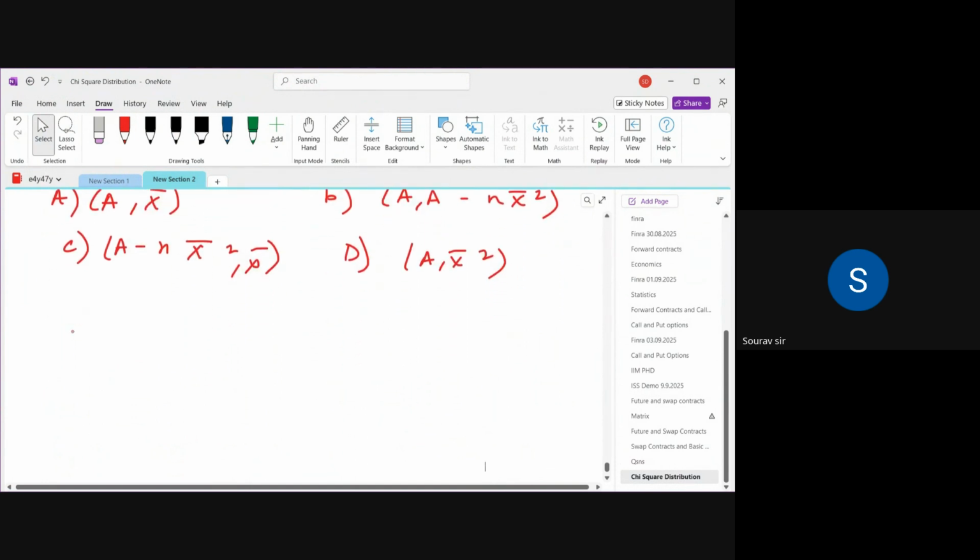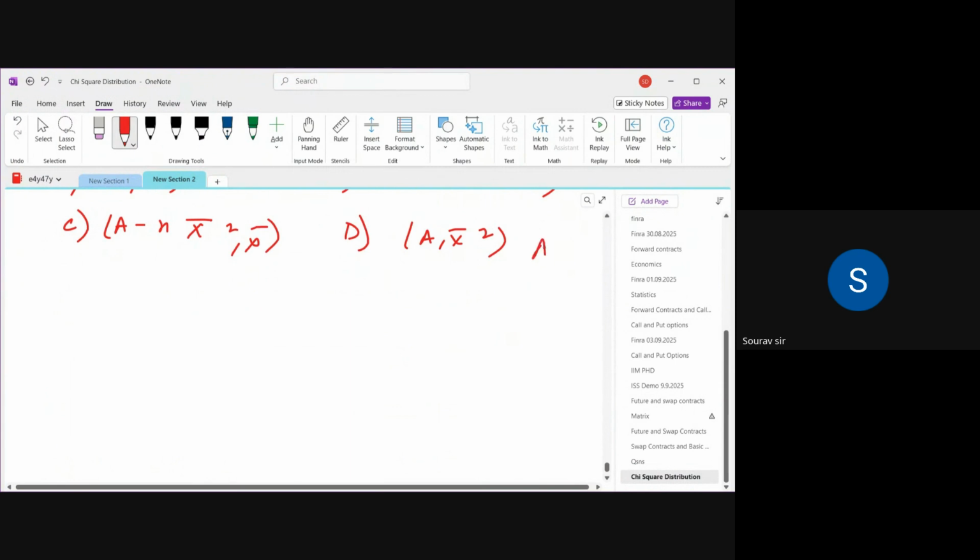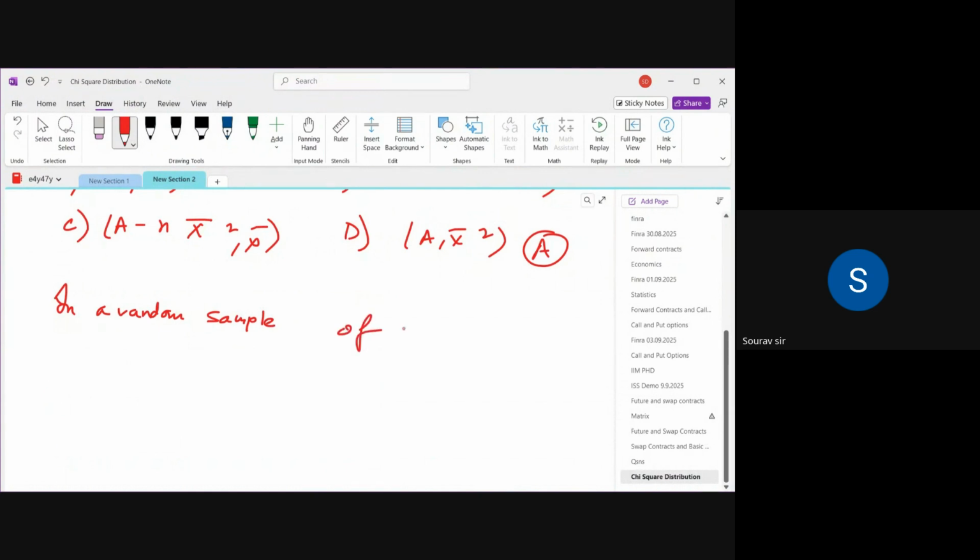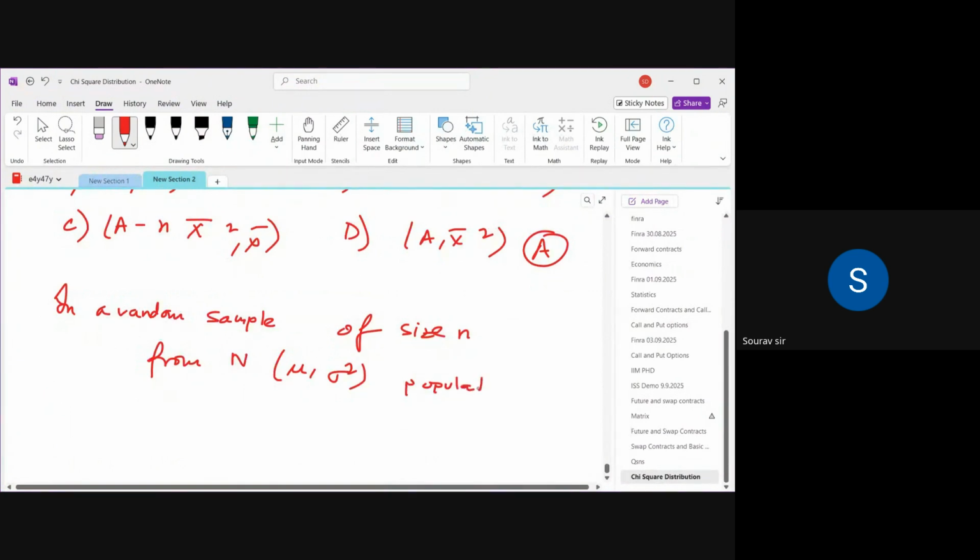Okay, let's do A. So I've written it. Let's see. So in a random sample of size n from N(mu, sigma square) population, here X bar is 1 by n summation of i from 1 to n xi.